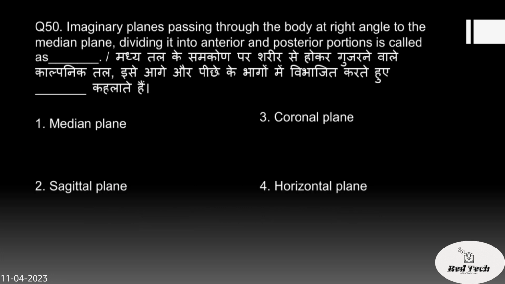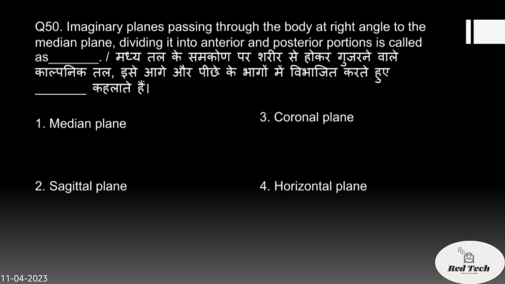Question number 50. An imaginary plane passing through the body at a right angle to the median plane, dividing it into anterior and posterior portions, is called. Right angle means perpendicular to the median plane, or you can say the mid sagittal plane.